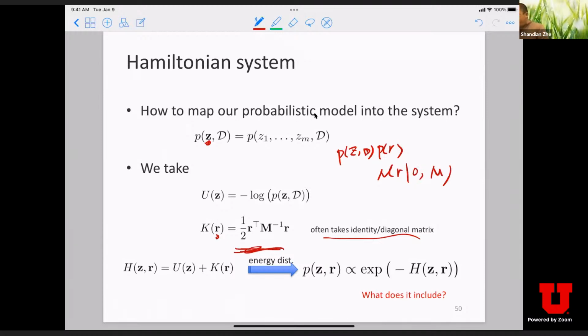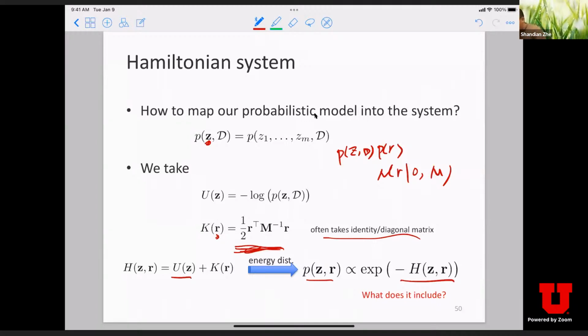So you can see that if you write down the total energy, which is the negative log joint probability plus this quadratic function of R, right? Their joint probability is proportional to the exponential of the negative total energy.